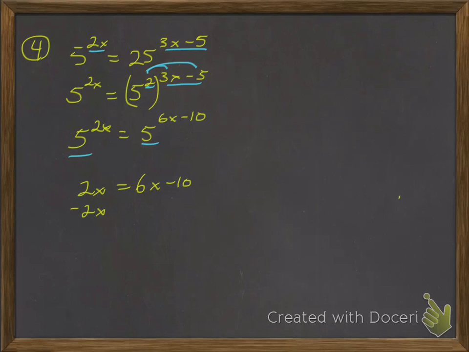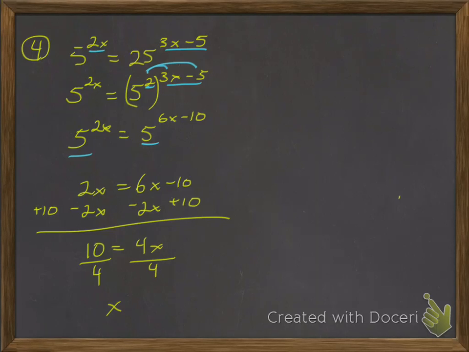I'm going to solve for x. I'm going to try to keep the x positive, so I'm subtracting 2x, adding 10, and I get 10 is equal to 4x divided by 4. Doesn't go in evenly, but it can reduce, so x is equal to 5 over 2.